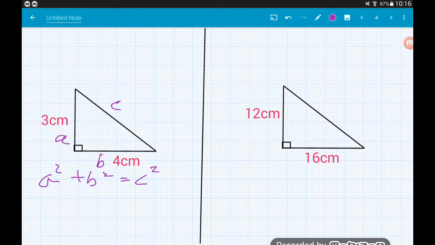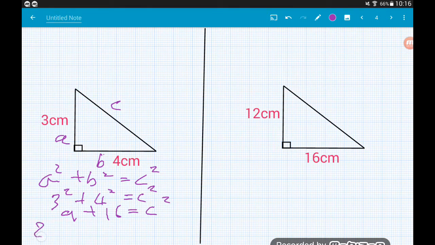Now if we substitute in our values for A and B, A is 3, so we get 3 squared, B is 4, so 3 squared plus 4 squared will give us C squared. 3 squared is 9, 4 squared is 16, so 9 and 16 is equal to C squared.